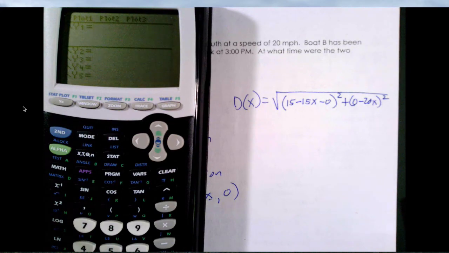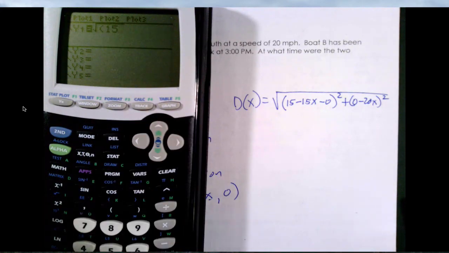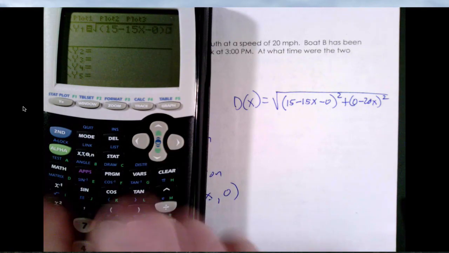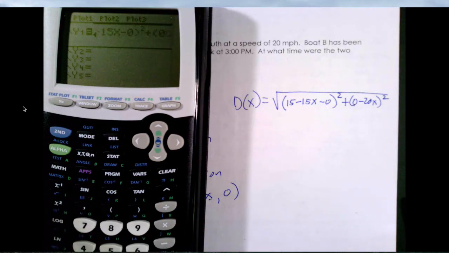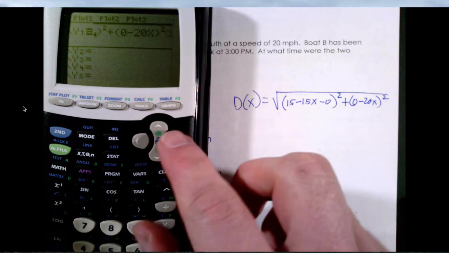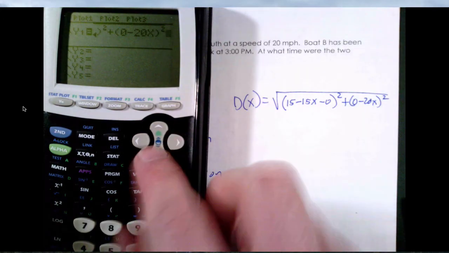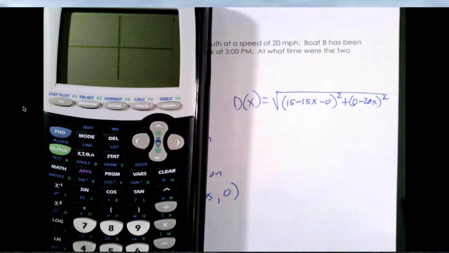I have y1 equals the square root of parentheses 15 minus 15x minus 0 for fun, quantity squared, plus parentheses 0 minus 20x, quantity squared. I have all of that in there, so I'm just going to graph it. I don't know if I'll be able to see anything just yet. Not yet.